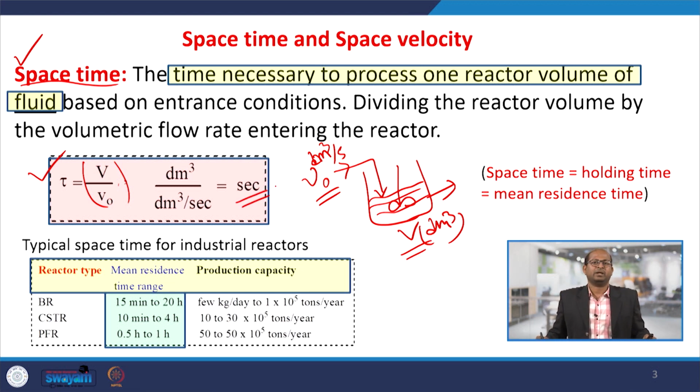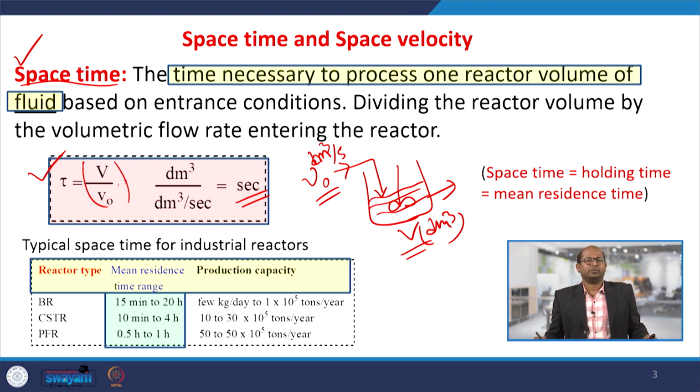Space time is actually the holding time or mean residence time for that particular reacting mixture, that is, the reactant component passing through the reactor while taking part in the reactions.